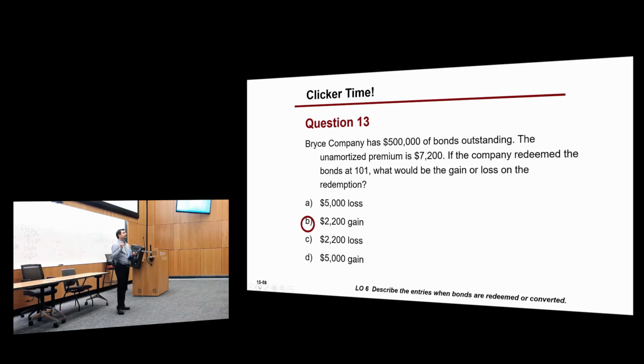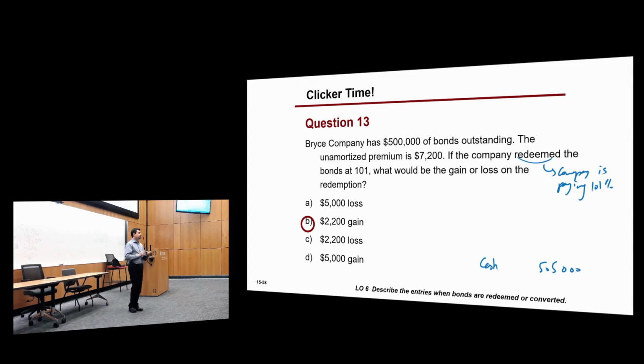When the company retires those bonds, they are redeeming them, and the company is paying 101%. So how much would the company be paying in cash? 505,000, right? So we will credit cash 505,000.